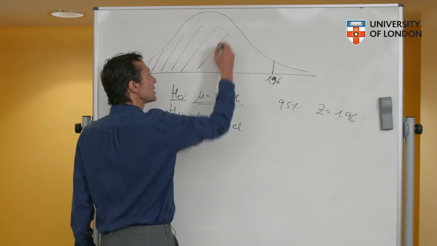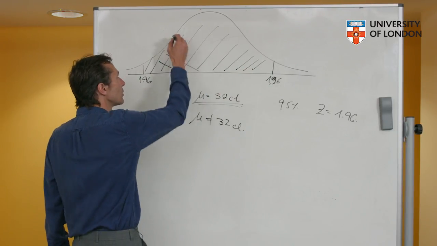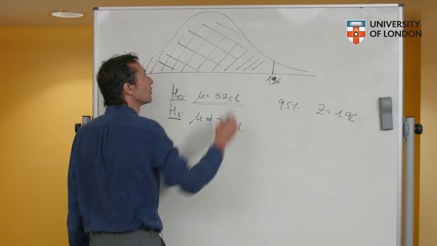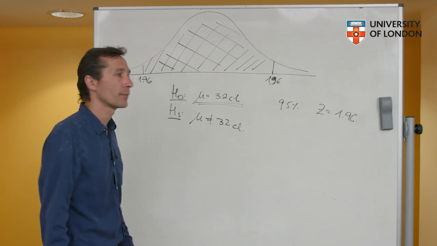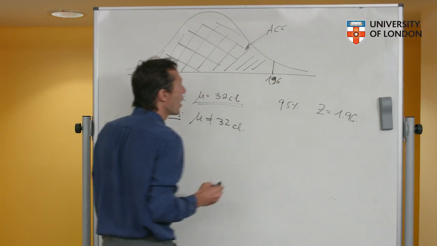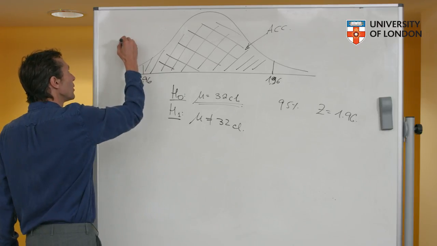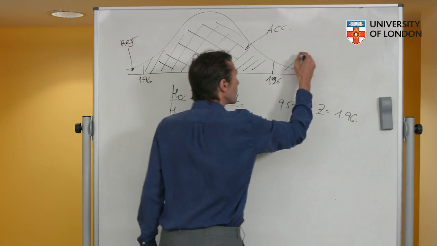For the sake of this example of a two-tailed test, we will call that area an acceptance area. And I will explain in a second why this is the acceptance area. And this will be the rejection area.